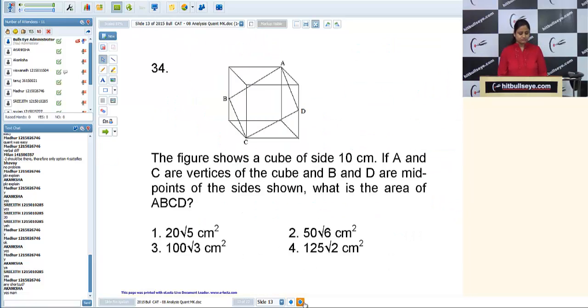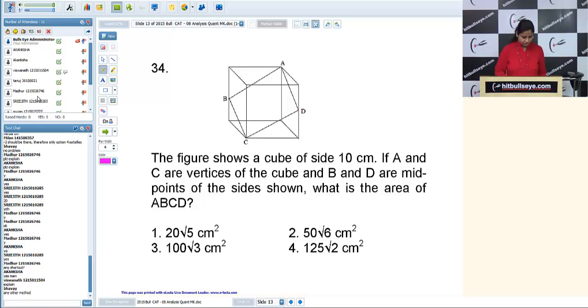Next question now. Yeah, question number 34. Any problem in this question? Any one of you? Okay, no, I don't have any other method.